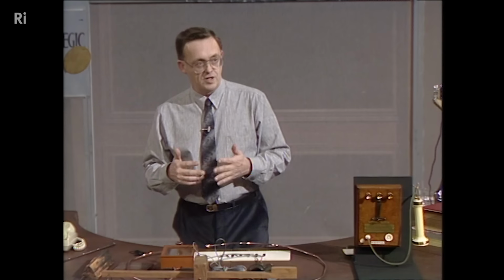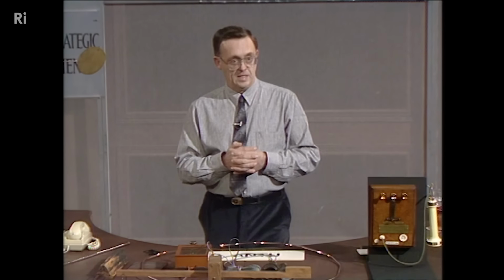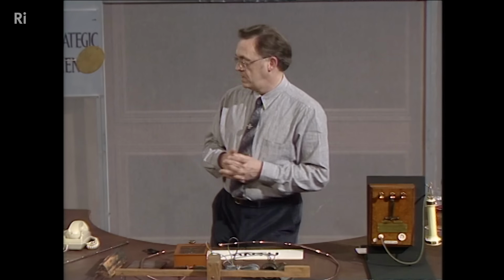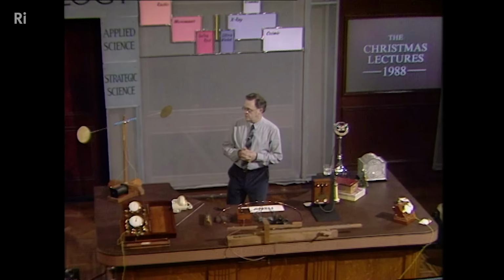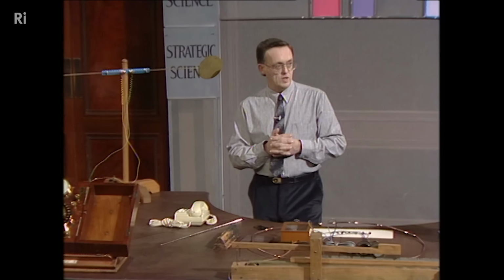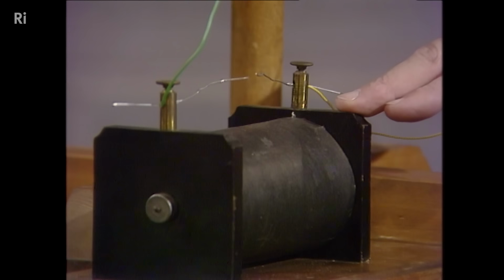The person who's given the credit for the invention is Heinrich Hertz. In 1888, exactly 1 century ago, using equipment like this, and this is a replica provided for me by the University of Kent, he was able to transmit radio waves. The principle here is that you have a spark generator.